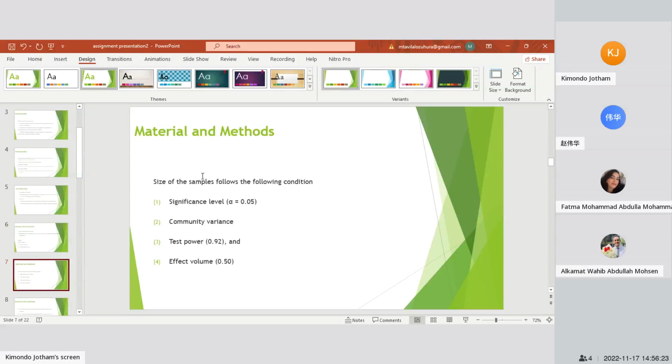Okay, so materials and methods also. The size of the sample for the following conditions: they selected the significance level to be 0.05.